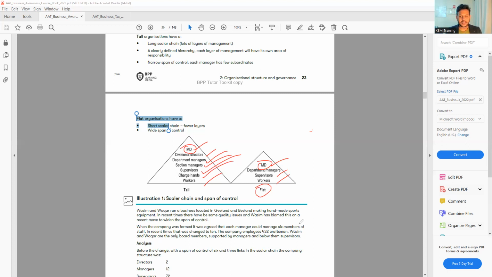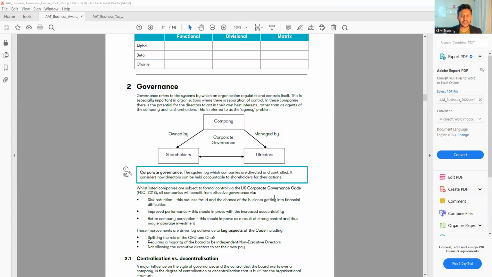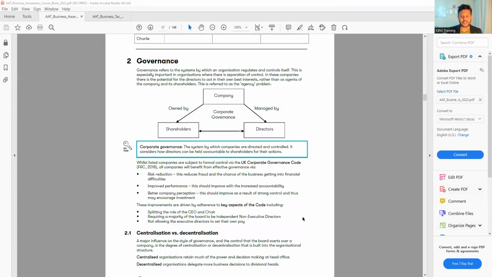All right, so the next thing we have is the corporate structure. We will look at this one later on. It's not very important. Now look at the governance. This is the most important area here. Corporate governance is the system by which companies are directed and controlled.